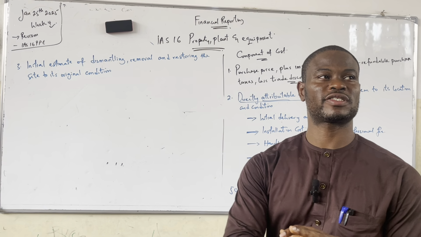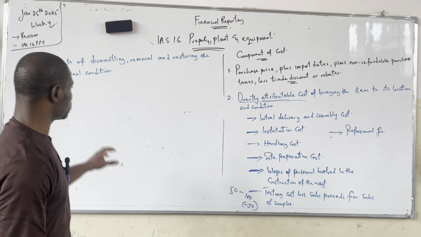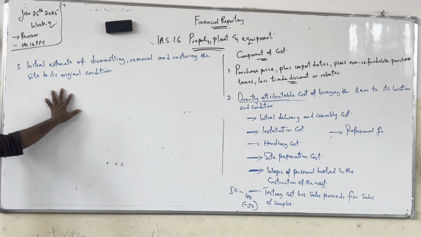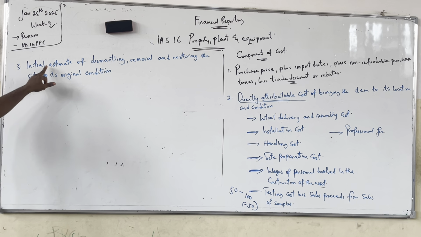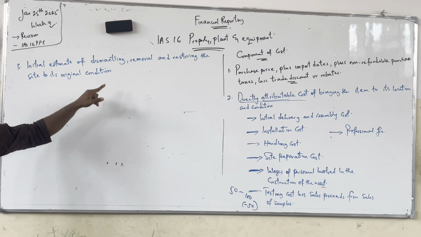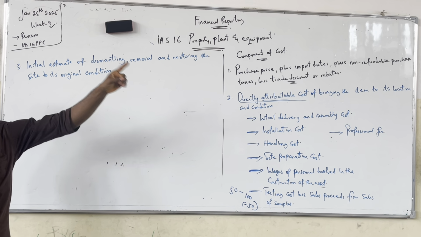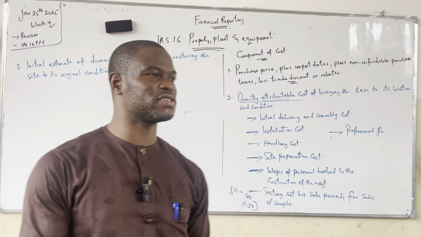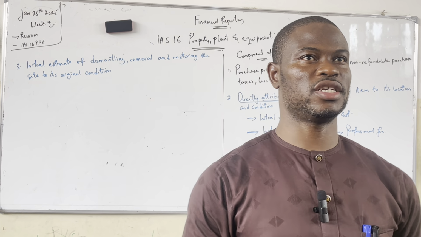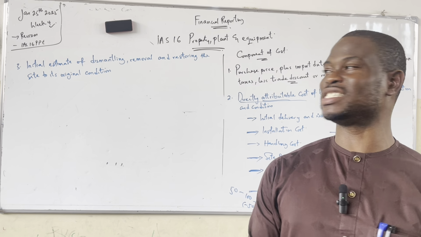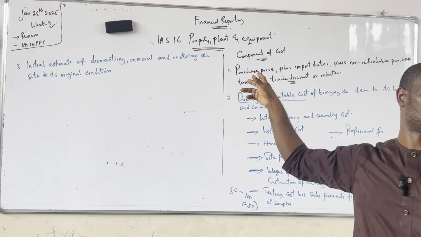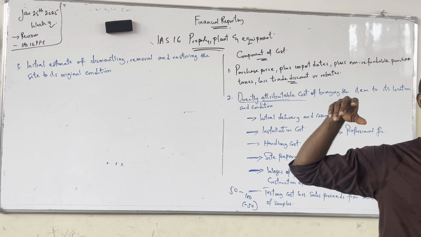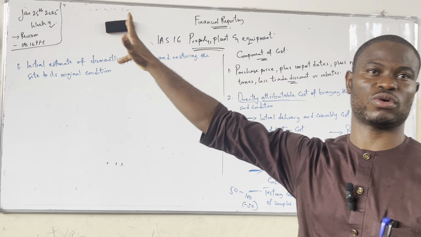If we have that kind of situation, that is where this one is applicable. Initial estimate of dismantling, removal, and restoring the site. So it is not a cost that you are incurring now. It's not a cost you are incurring at initial measurement. It's a cost that will be incurred in the future.